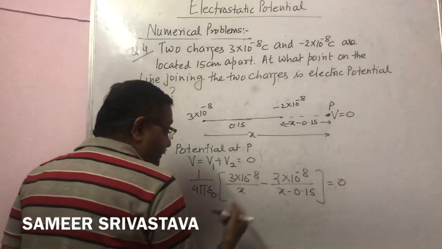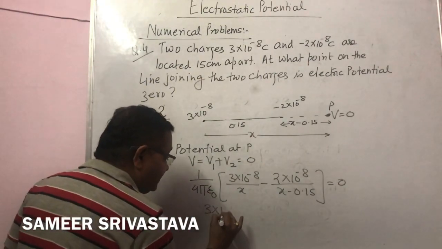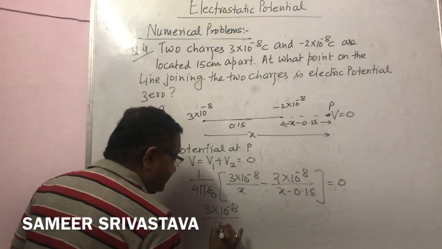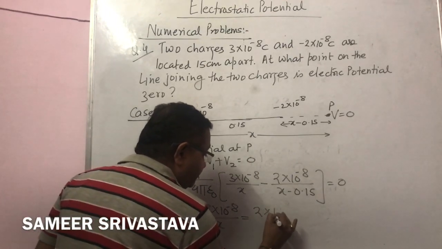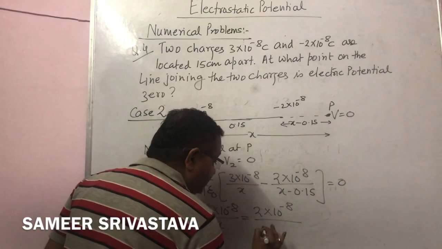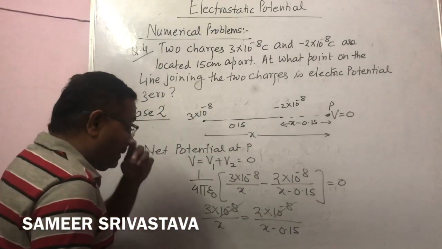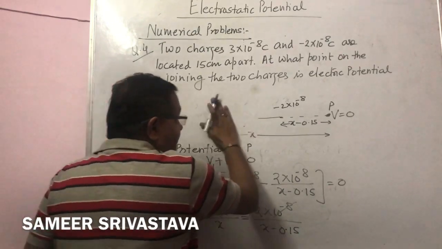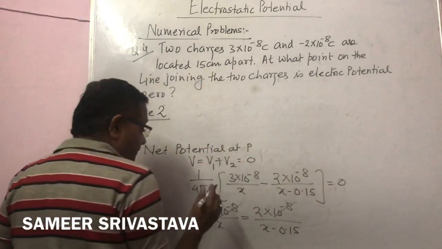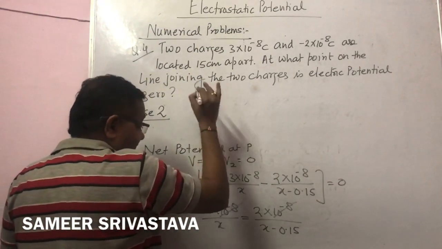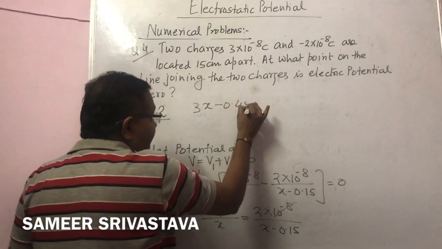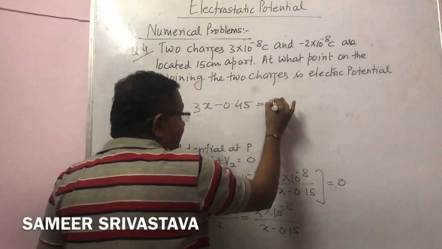Now equate this equation. 3 into 10 to the power minus 8 upon x is equal to 2 into 10 to the power minus 8 upon x minus 0.15. The 10 to the power minus 8 cancels out. Cross multiply this. Now 3x minus 0.45 is equal to 2x.